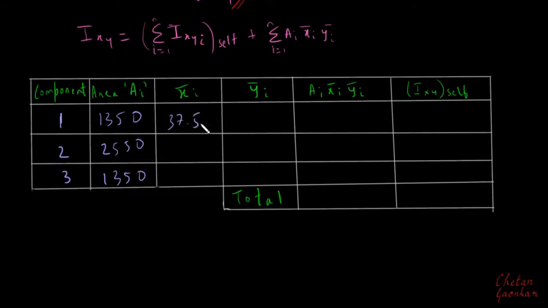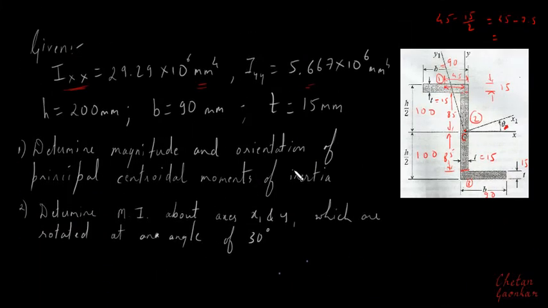Similarly, x bar 2 will be the distance between the centroid and the y-axis.